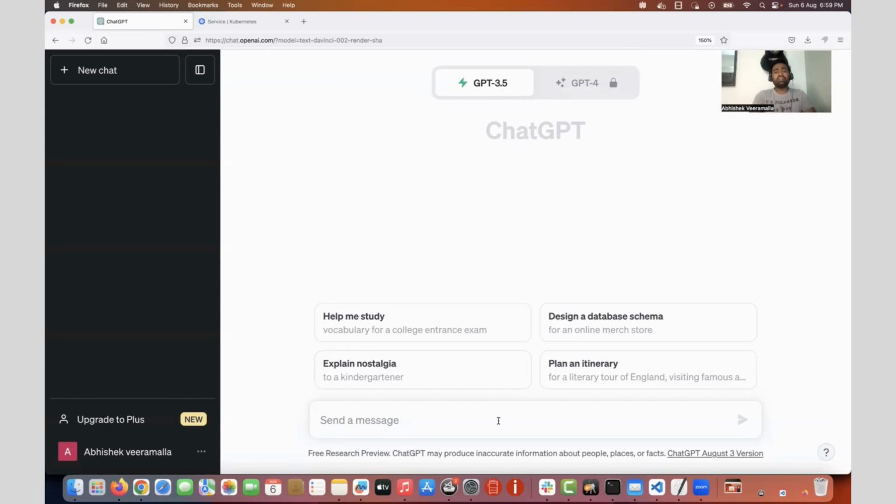And also with this same trick, you can also ask ChatGPT, perfect, I understood the real life use case.